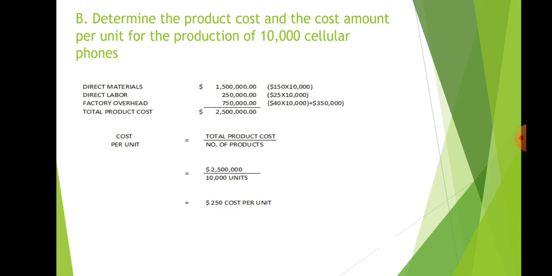So the product cost, we know, includes direct materials, which is $1,500,000, direct labor of 250, and factory overhead of 750.